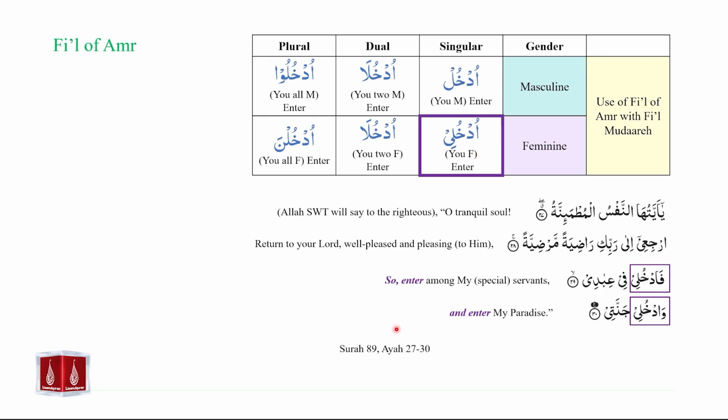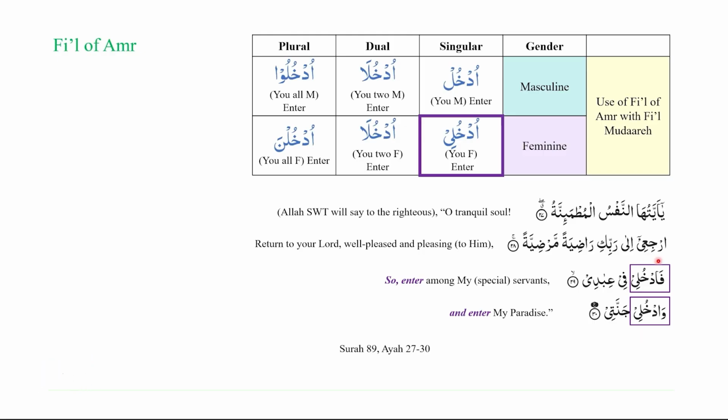We see an example in Surah number 89, ayahs 27 to 30. Allah subhanahu wa ta'ala will say to the righteous, O tranquil soul, return to your Lord well pleased and pleasing to him. So enter among my special servants and enter my paradise. Please pay attention to fadkhuli and wadkhuli.